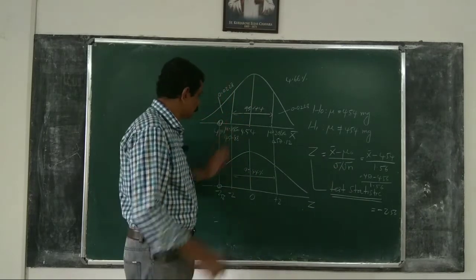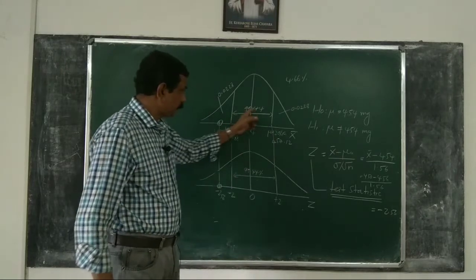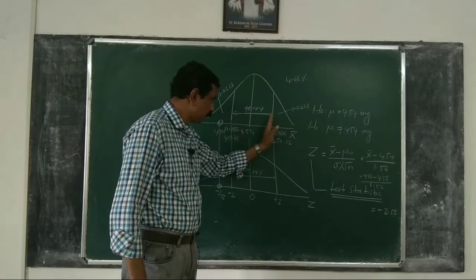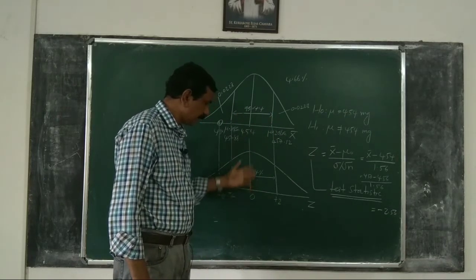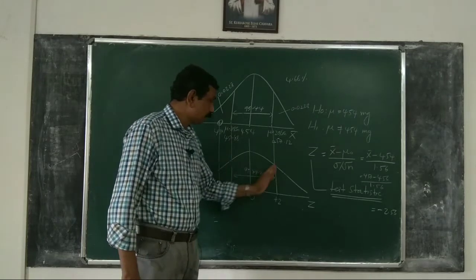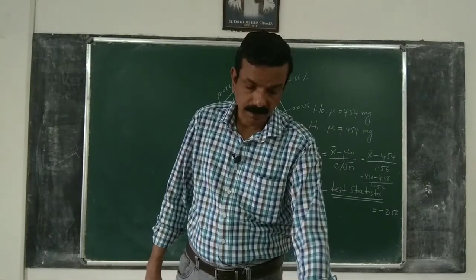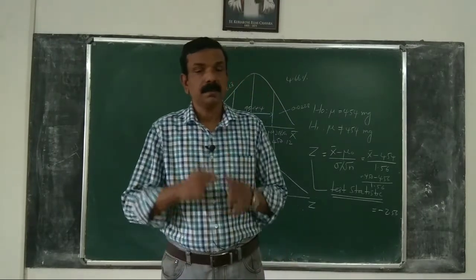From the property of a normally distributed random variable, 95.44% of the area lies between these two intervals. So from x bar we derive z, and this z is used for hypothesis testing. That is a very important point to be kept in mind always.